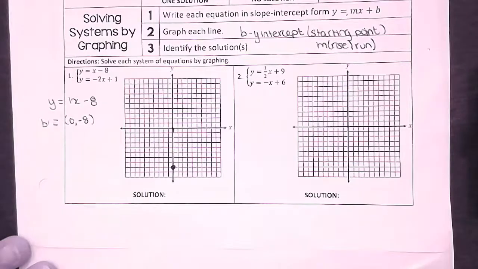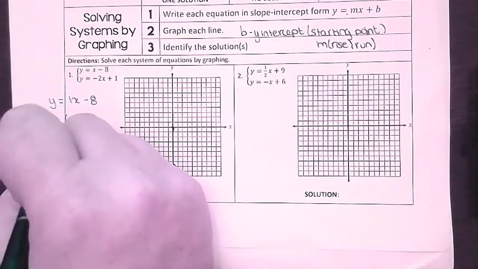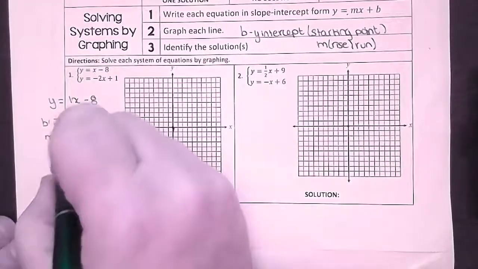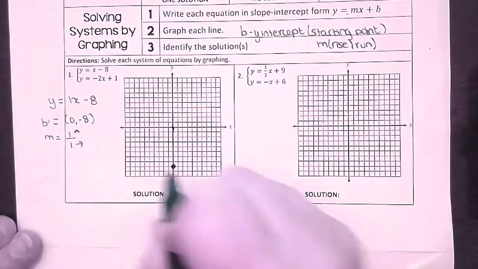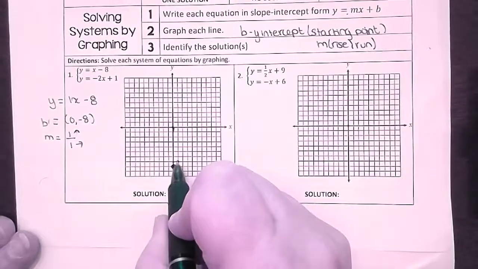Then my slope is my rise over run, and it's 1 over 1. Remember that if you have a whole number as a slope, the number on the bottom is always 1. So from that point, I'm going to go up 1 and over 1 for each one, and I continue the process.